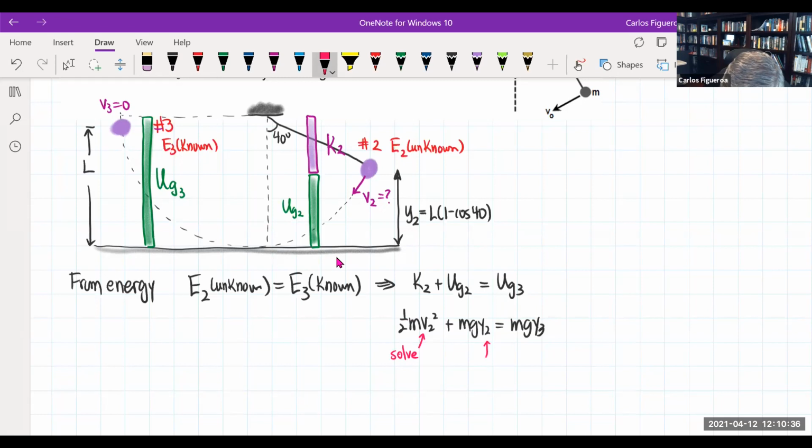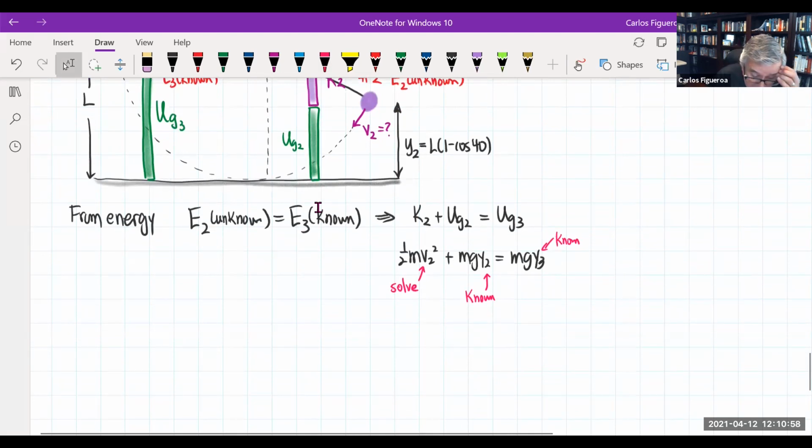This guy is known. We've already calculated it from the previous problem. And this guy right here, we know also, because that's the height from the bottom up to the top here. This is the length L. So now I'm going to go ahead and solve for V2.